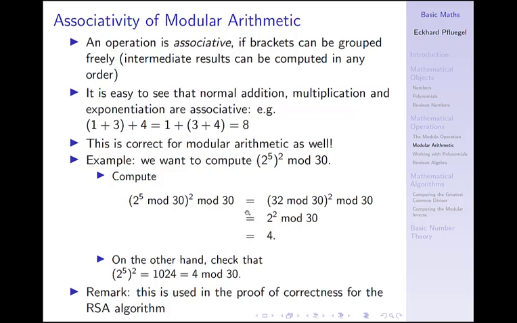But this would be the preferred way, and it's not only useful as an aid for computing in your head, it's also used in theory, sometimes in proofs, and in particular the proof of the correctness of the RSA algorithm will require this sort of reasoning.